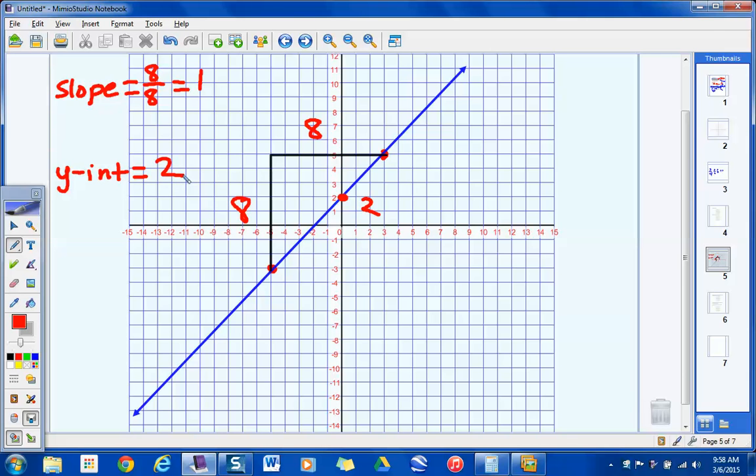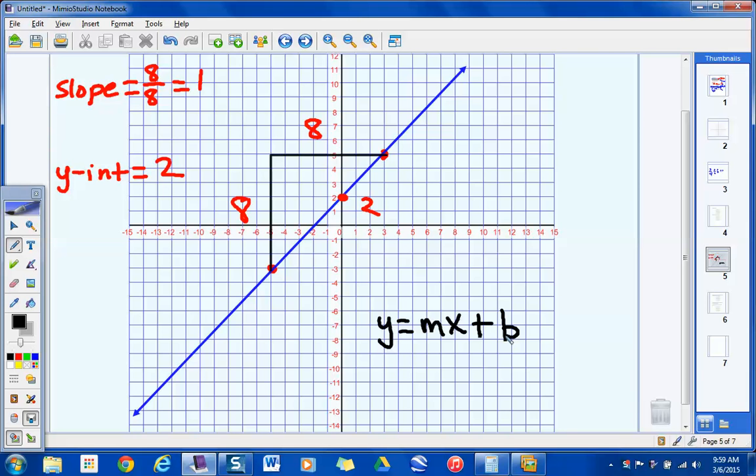Everybody okay with that? So here's what's most important for us today. We have to write an equation in slope-intercept form. Now keep in mind, slope-intercept form is the form y equals mx plus what? Y equals mx plus b.